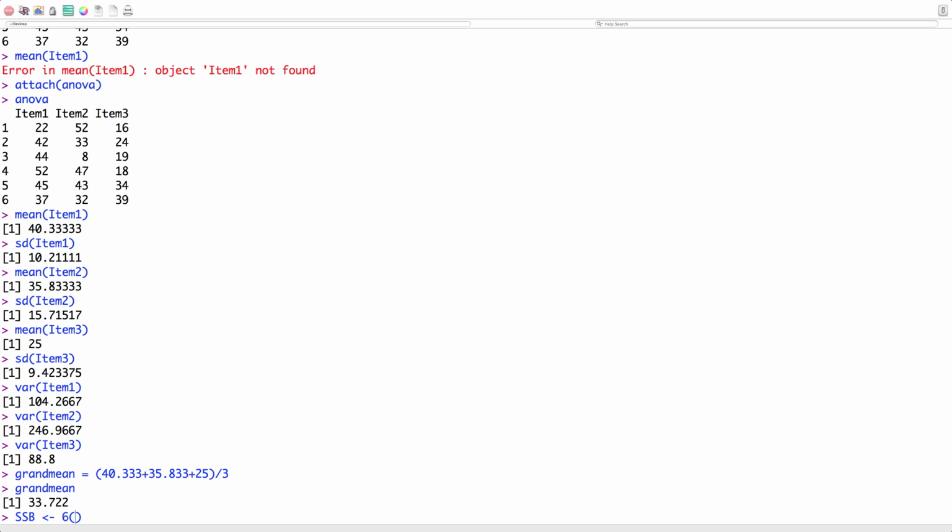I'm not going to do it this way. I want to go mean item 1 minus grand mean, quantity squared, plus, and I'm going to do some copy and paste here.